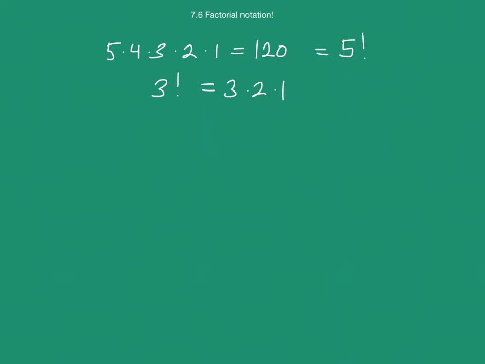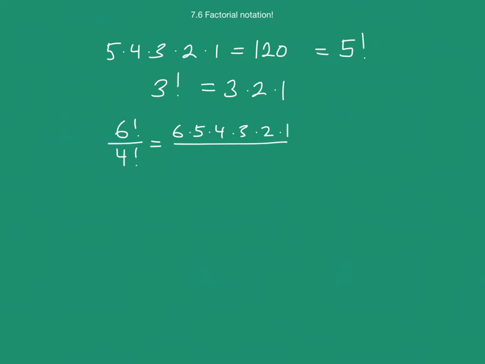Now what if you have something like a fraction? Wouldn't that be terribly complicated and difficult to work out? Well, let's have a look. If you have something like 6 factorial divided by 4 factorial, we have to consider what that really means. If we want to solve this, this really means 6 multiplied with 5 times 4 times 3 times 2 times 1.